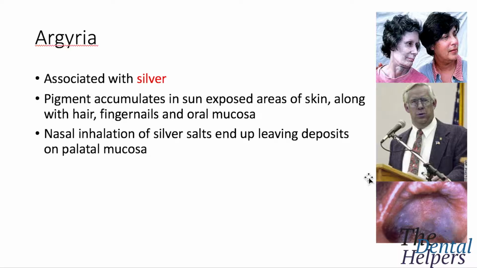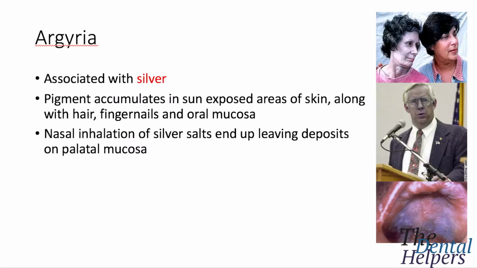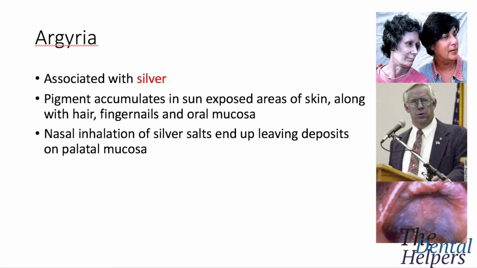Nasal inhalation of silver salt ends up leaving deposits on the palatal mucosa, as we see right here. So, argyria, silver. Acrodynia is mercury. So remember, Diana's kids like mercury. And if you think of a gyrating roller coaster made out of silver, it's a bad one, but let's go with it.